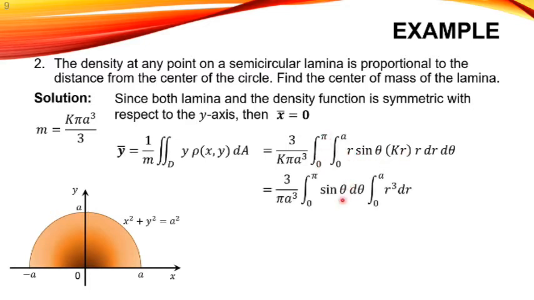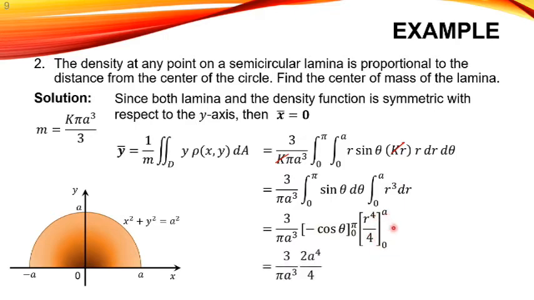Arranging the variables, the constant k is cancelled here since they are constants. We have the remaining constant 3 over pi a cubed, times the integral of sine theta d theta from 0 to pi, times the integral of r cubed dr from 0 to a. Then evaluating the limits, the integral of sine theta is negative cosine theta from 0 to pi, then r cubed is r to the fourth over 4 from 0 to a.